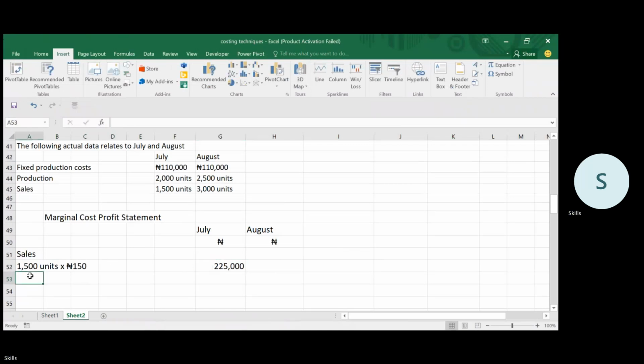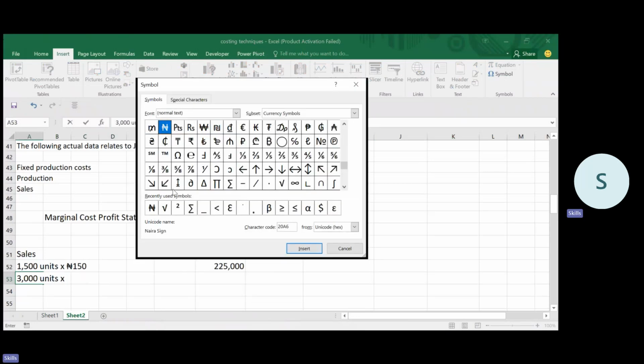Then for August, 3,000 units was sold at the same 150 naira.